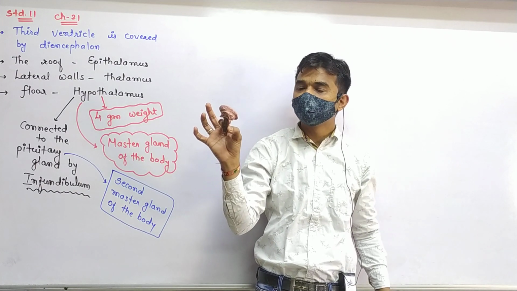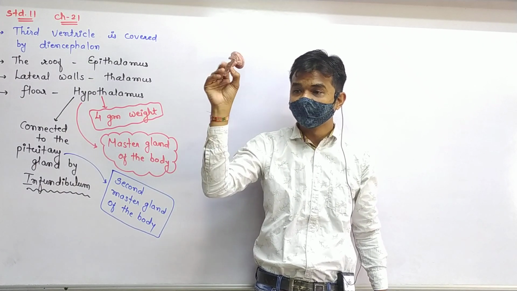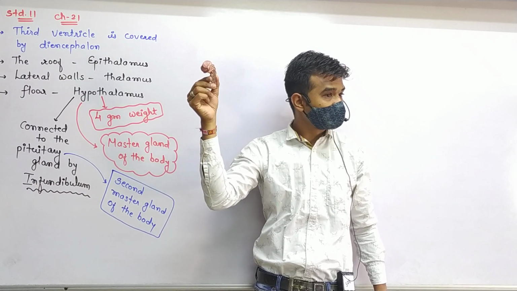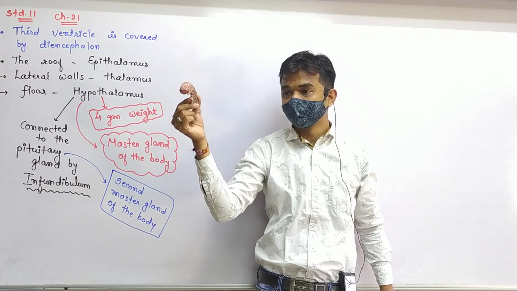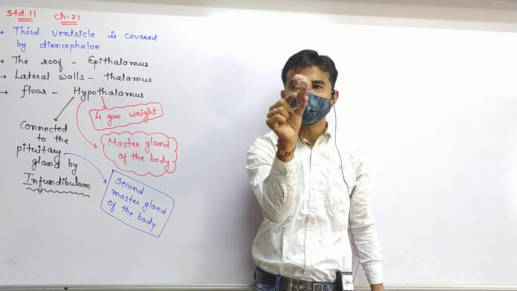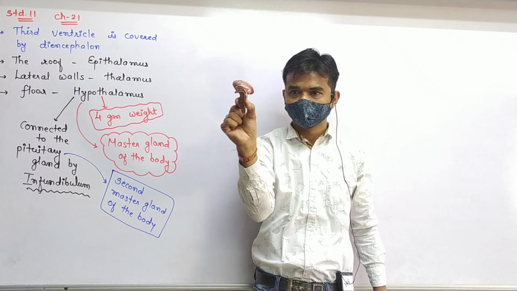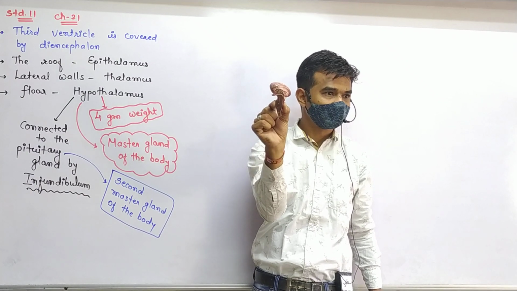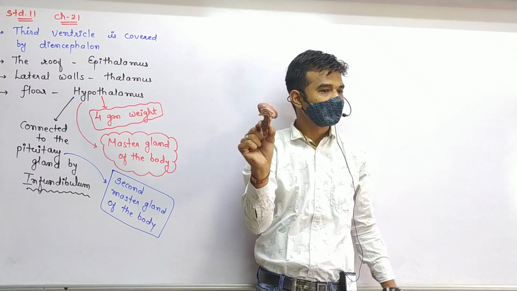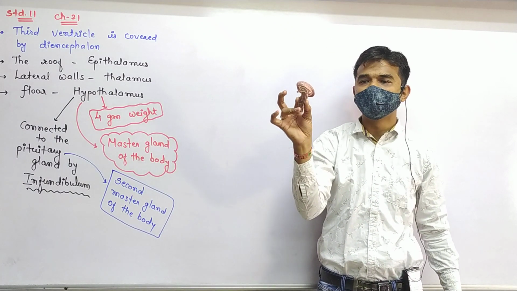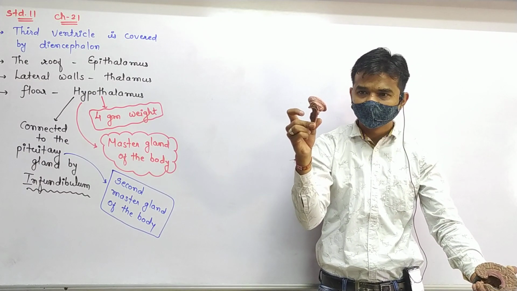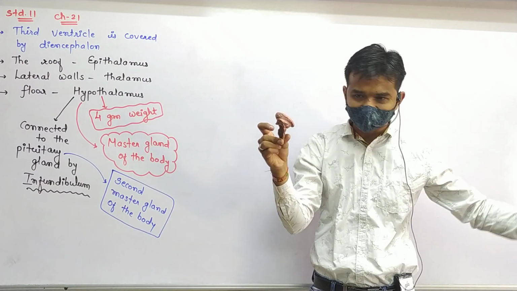So first of all, if you enter medical college for further medical study, then in anatomy this will come. You have to first identify the pons. The swollen part which I hold here is known as the pons. Below the pons is the medulla. The foramen magnum comes, right? And after the medulla oblongata the spinal cord starts.